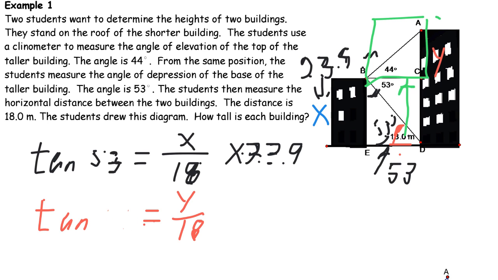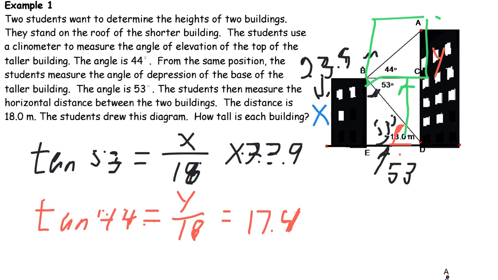What's that angle in there? That angle on that top one's not a 53. That's a 44. So 18 times tangent 44, which is 17.38, which is going to be 17.4.